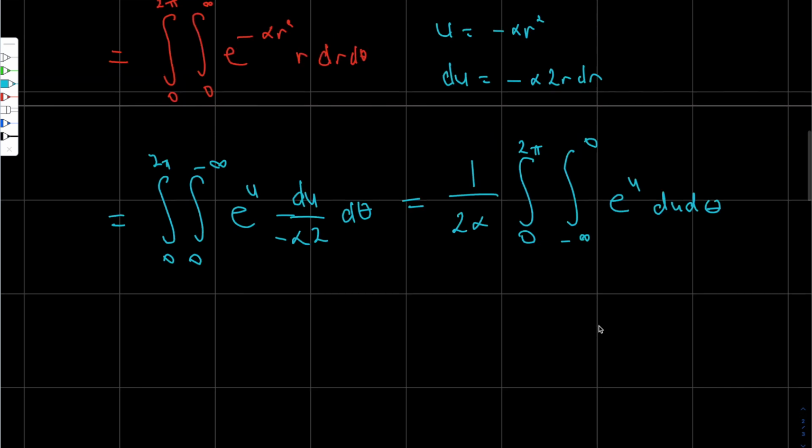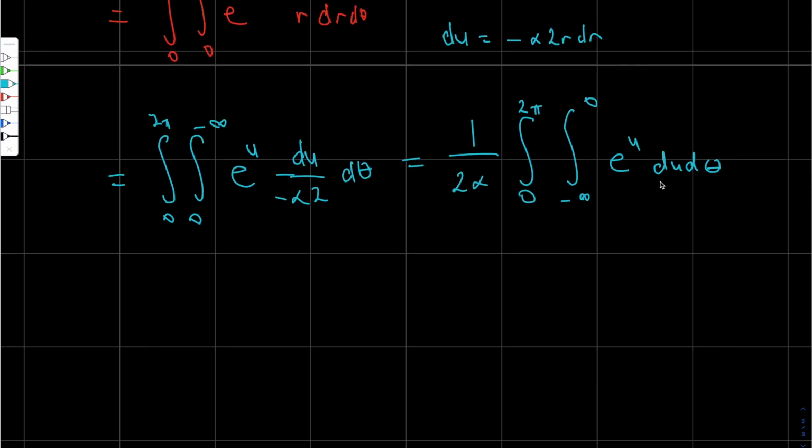Okay, perfect. Now there's not really theta in here, so if I integrate theta, I'm just going to get 2 pi. The 2's cancel, so I get pi over alpha. And now I'm left with the integral from minus infinity to 0 of e to the u du. And this is a beautiful integral because the integral is equal to itself.